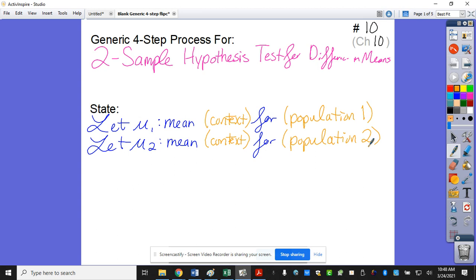All right, so in any test, after I define my parameters, I have to have what and what? So I've got my h sub 0, my h sub a. I get to pick my direction for what goes here. But whatever I pick, I keep it the same for both and the whole problem. Like I said, I usually use whatever one's listed first in the problem.